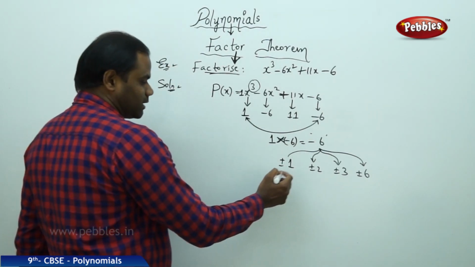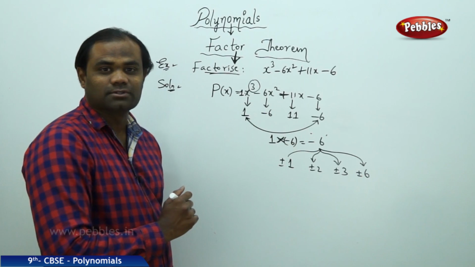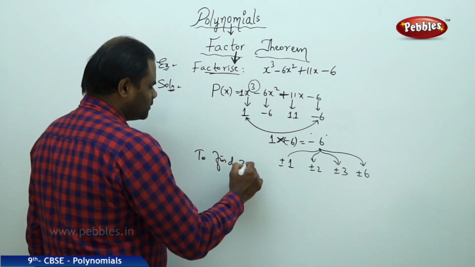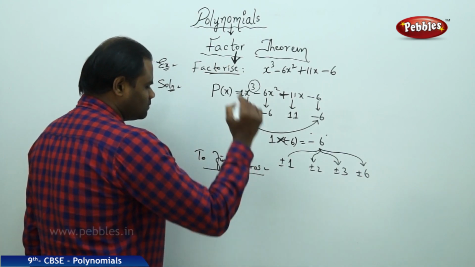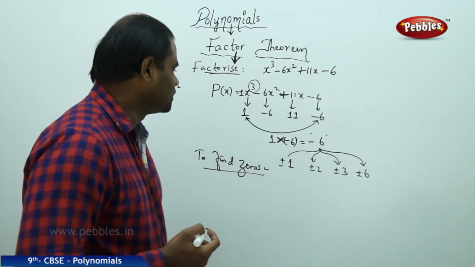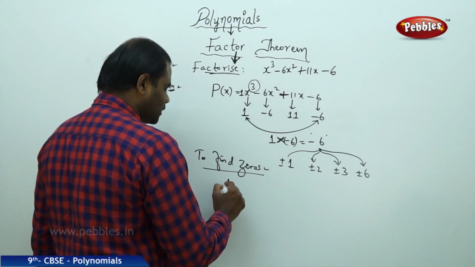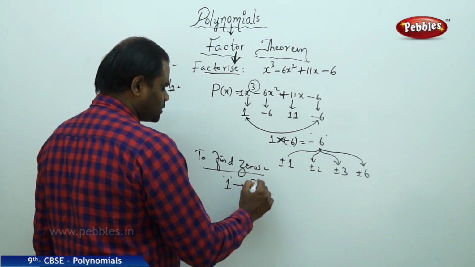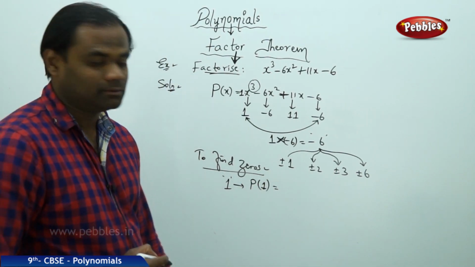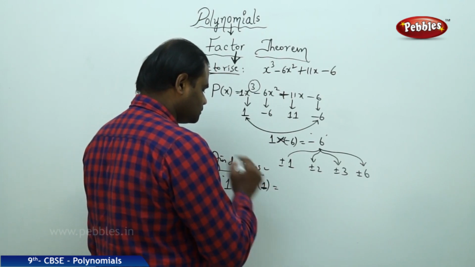Using these possible factors, I next find the zeros of the polynomial. In order to find zeros, I just substitute the values in the polynomial. So when I take 1 and substitute it in the polynomial, let's see what we get.